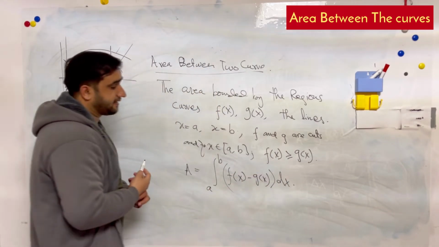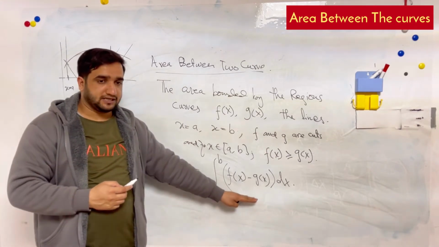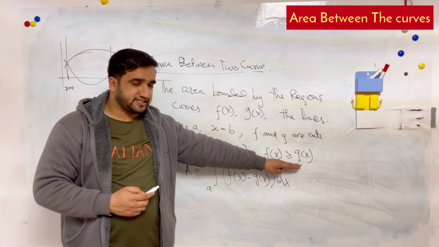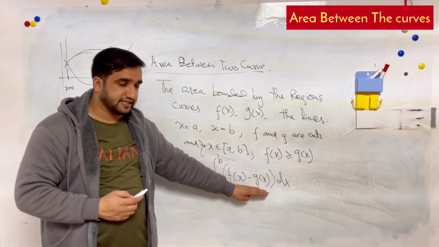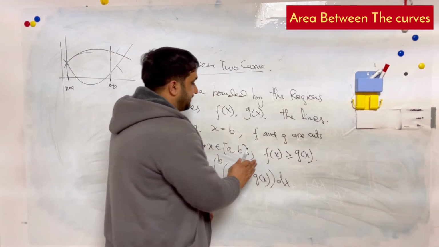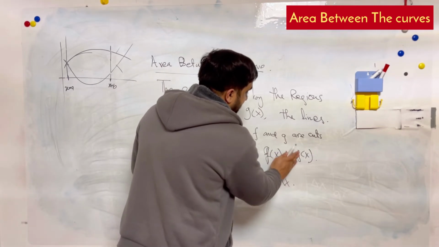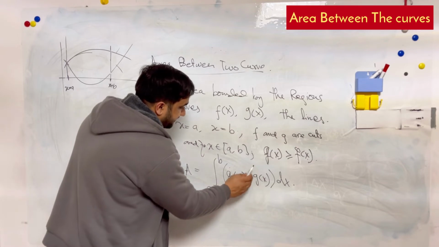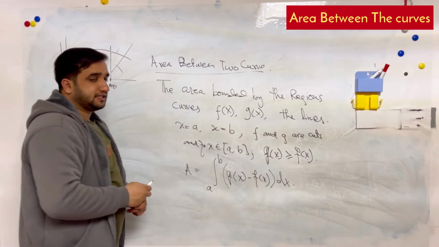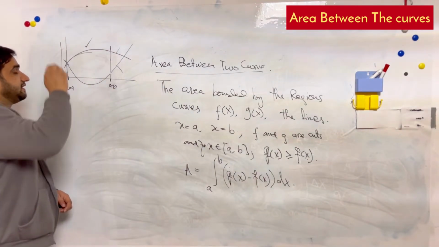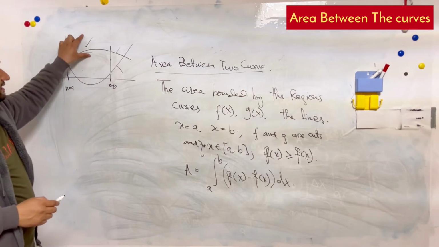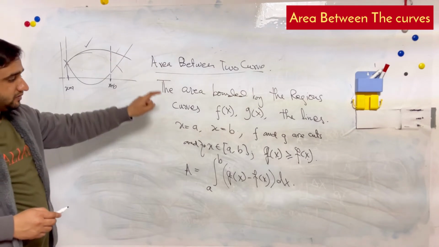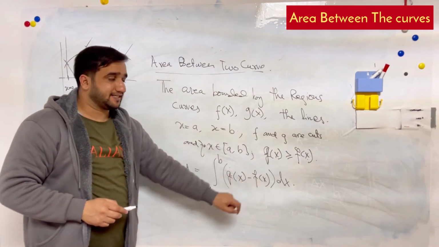Whatever the functions are, you can use this formula if this condition is valid. If g of x is greater than f of x, then switch the functions, g of x minus f of x. The function which is above is always the first function, and the function below is always the second function.